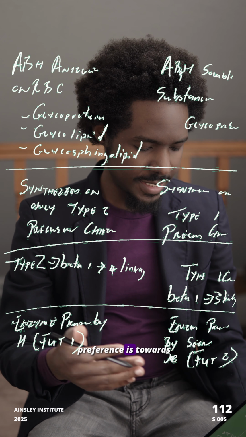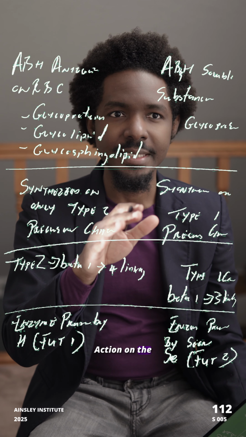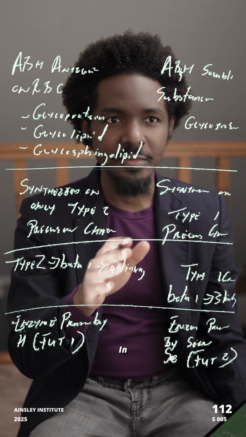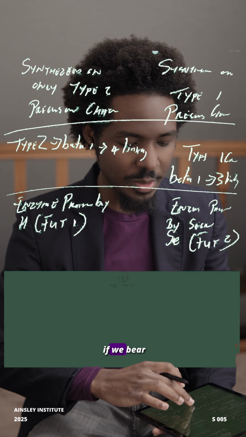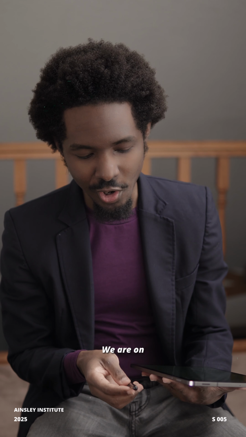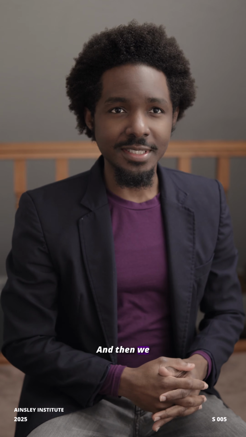Its preference is towards action on the type 1 chain in the secretory tissue. So if we bear that in mind, we are on good terms in understanding the concepts of the ABO system, not to mention the ABH antigens on the red blood cell.